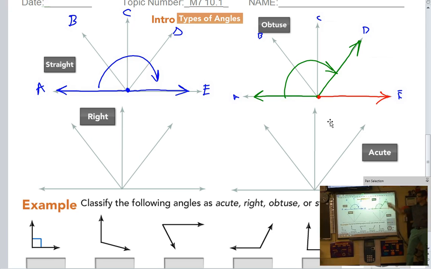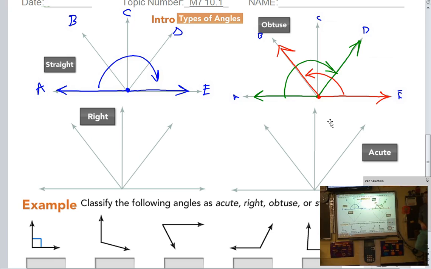Do you want this ray or that ray? B, because we have to be bigger than 90. So this is also now bigger than 90. So we have 2 different options for how we can draw an obtuse angle there. I know another one. Hang on to it.